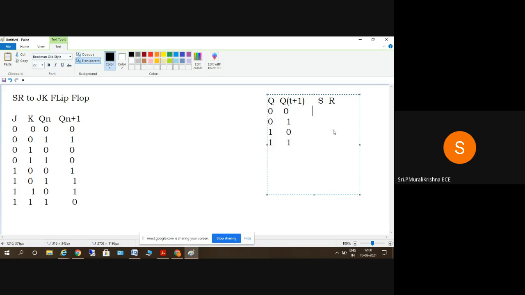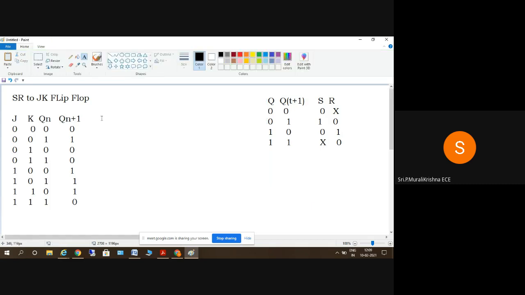What are the SR values here? So SR values are 0, don't care, 0 1, so 1 0. And for 1 0 it's a 0 1. And it's a don't care 0.